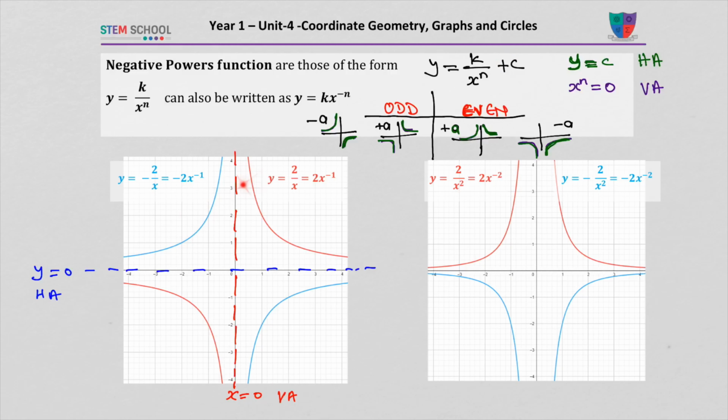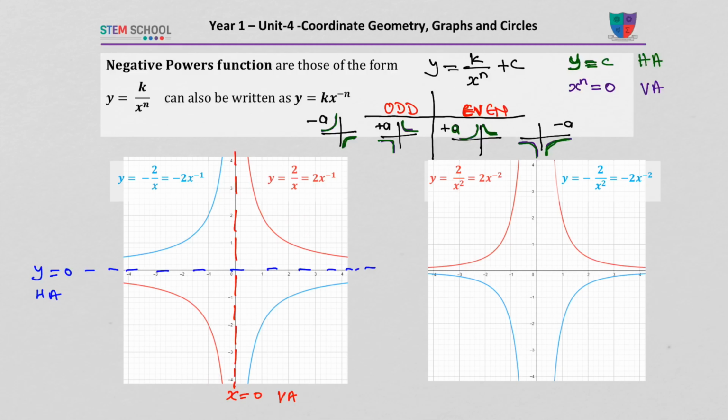So looking at the two functions we got here, this is a is positive, so you can see the positive side here, which is this one here. It's an odd exponent, to power minus 1, or to power 1 here, minus 1 there. So this is odd, 1 is odd, so you see that here and there. The reason why it's on this side and that is it's a twin curve. You can draw a straight line through that.